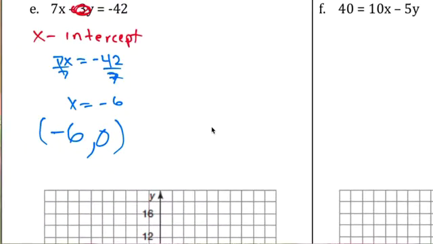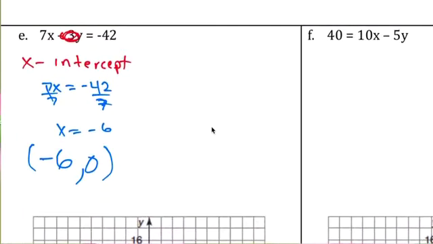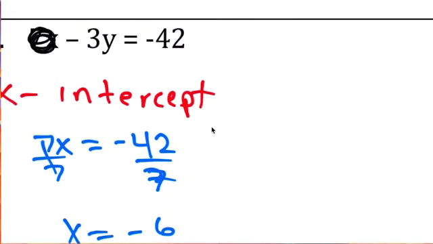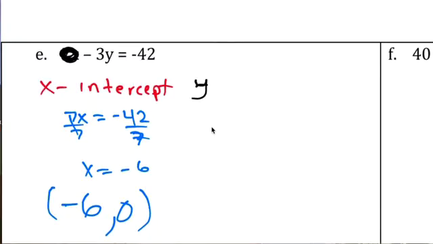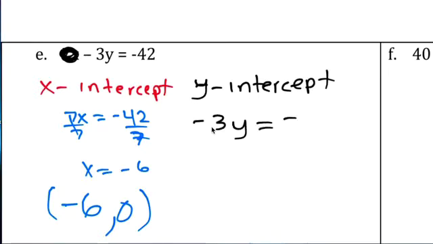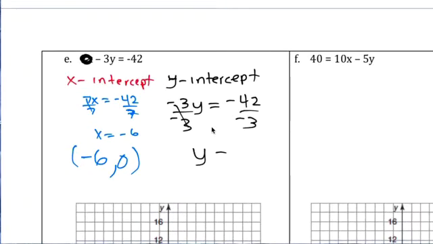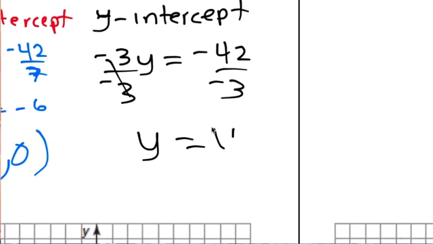The y-intercept. Your y-intercept, you basically cover the x. Notice that's a negative 3y equals negative 42. Divide by negative 3. Get y equals a positive 16.